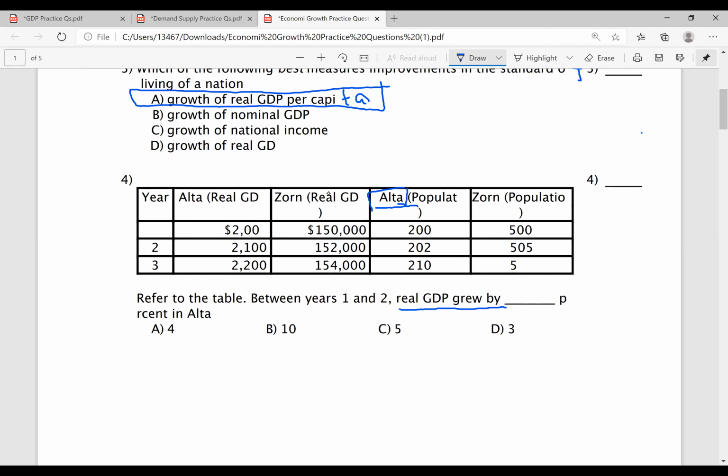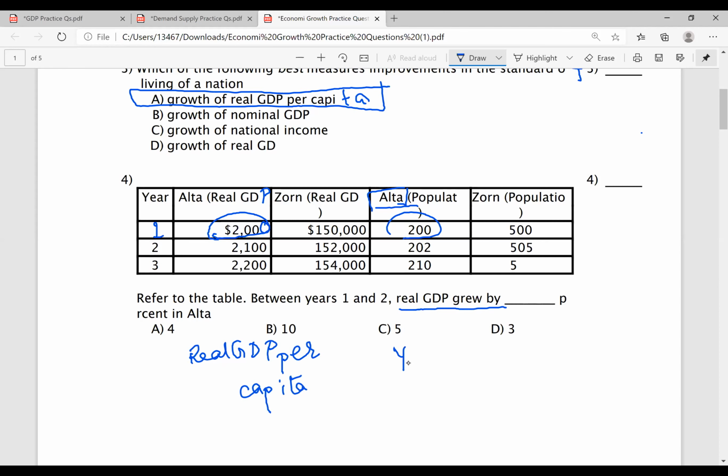Here I have two economies, one is Alta and the other is Zorn. This is year 1, real GDP, and the population is given to me here. This is going to be 2000. So the first thing I need is the real GDP per capita.